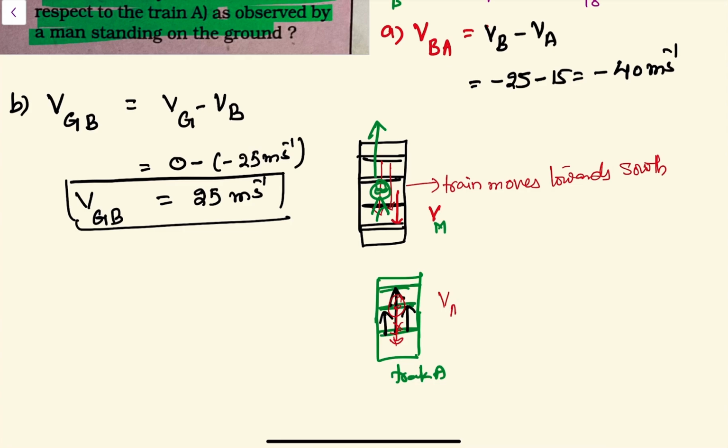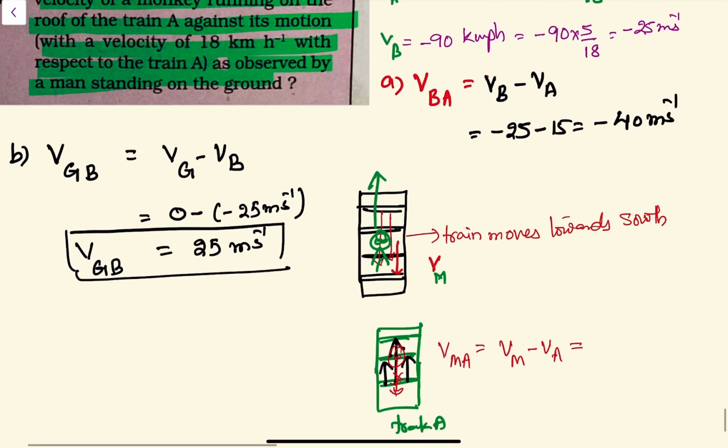So velocity of monkey with respect to train is Vm minus Va, which is given as 18 kmph, that is 5 meters per second.